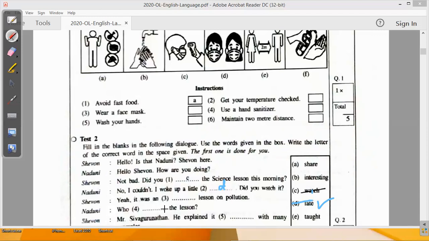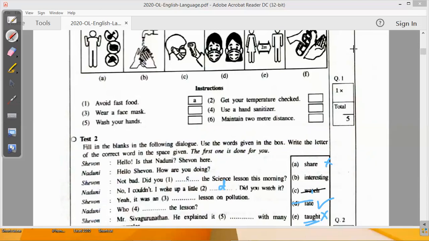Okay, and then yeah, it was an. So now you know it's an. An means not a, and it has to be followed by a vowel, right? So now that's what you have to understand. Not this one, not this one, of course not this one, because this is a past participle form of a verb, right?